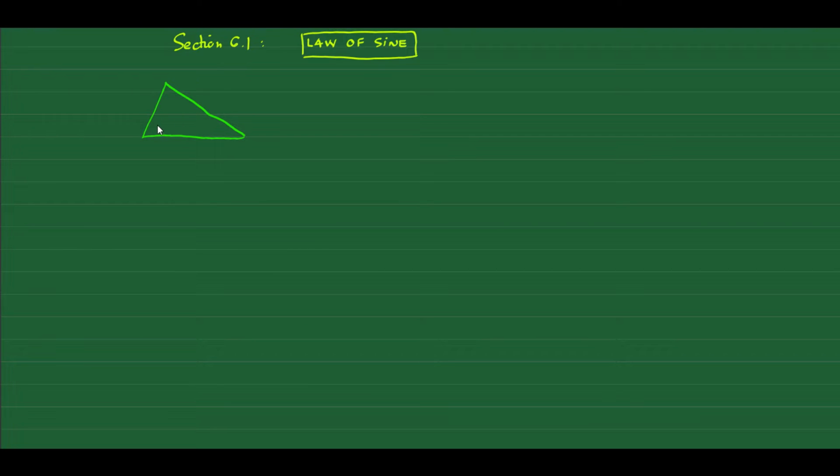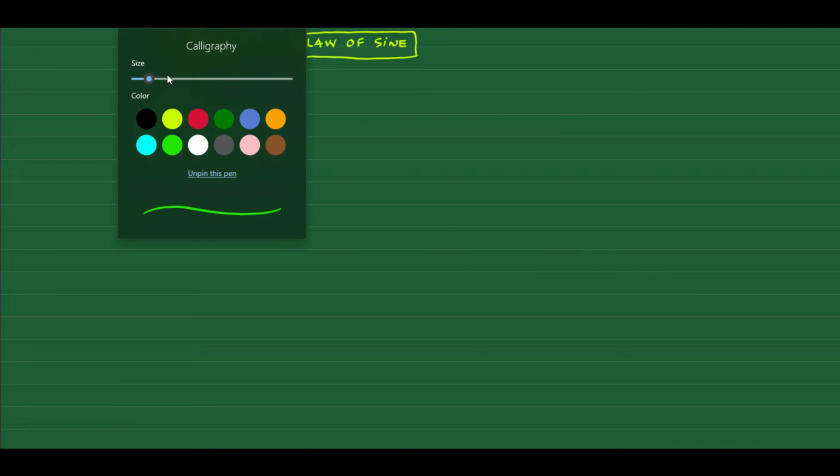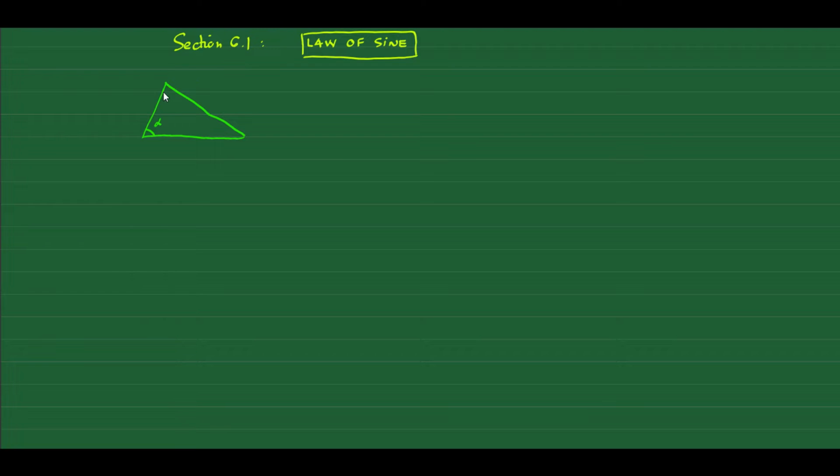I'm going to call this angle alpha. This is angle beta right here, and this is gamma. So this is side B, and opposite alpha will be side A, and this is C. Okay, so this is an arbitrary triangle ABC, you can say that.